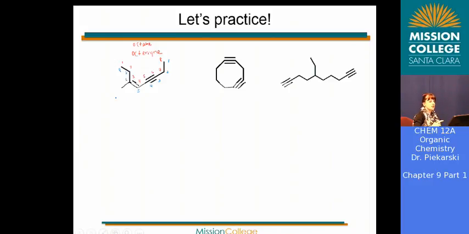So in the red direction, it looks like we could have a 3, 5. And in the blue direction, it looks like we have a 3, 5. So they are equidistant from one another. The alkene will take priority here. And so we will have an oct-3-en-5-yne.